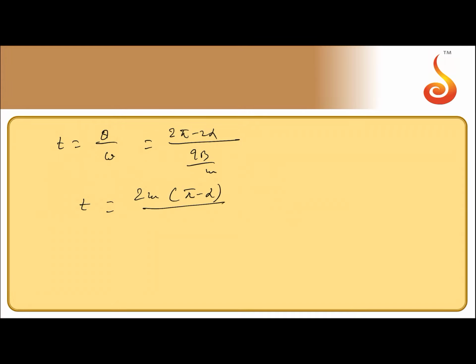So time spent in the magnetic field T will be equal to theta by omega, and theta is 2 pi minus 2 alpha, and omega is qB by m. So it is equal to 2m into pi minus alpha divided by qB. This is option D. So all the four options are correct here.